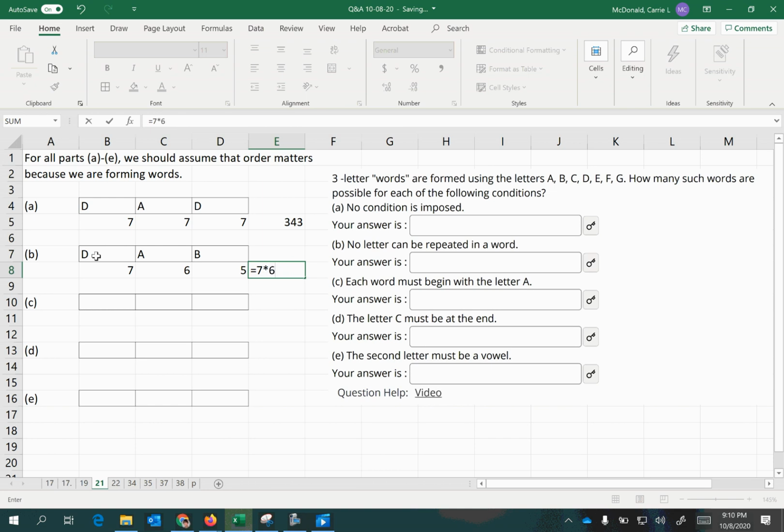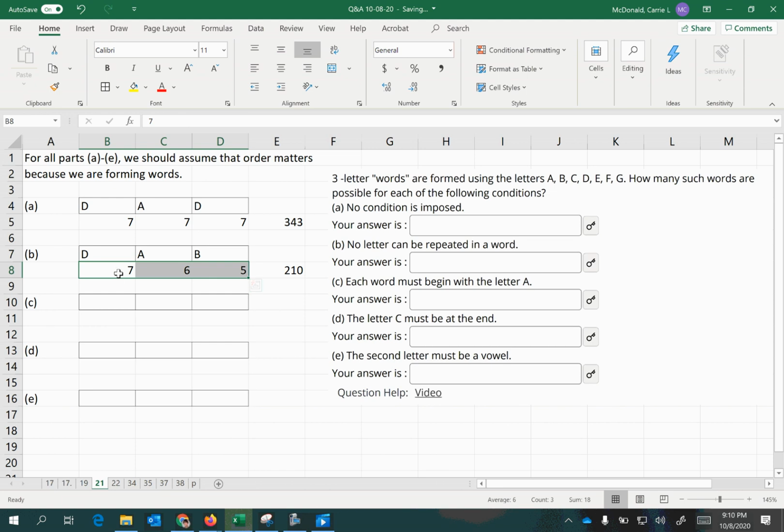This could also be accomplished by using the permutations formula nPr, because it accomplishes exactly this.